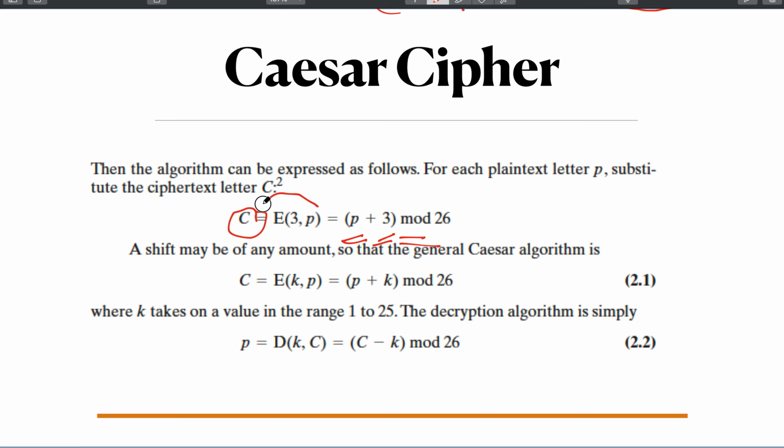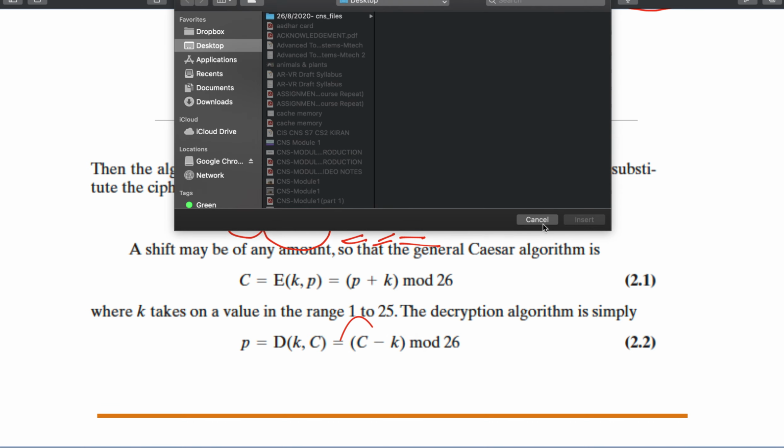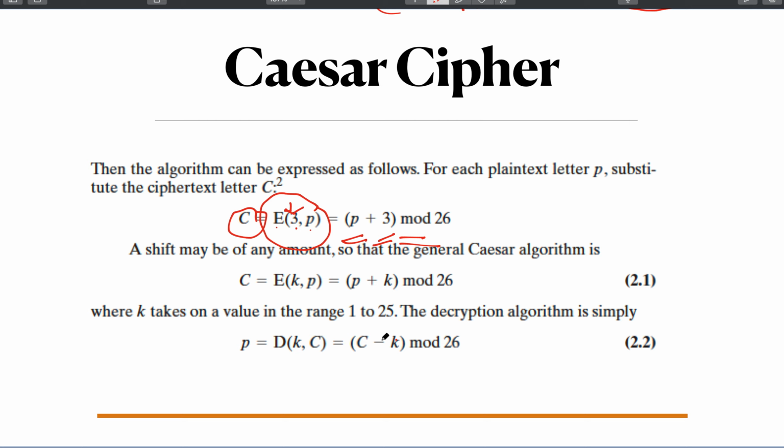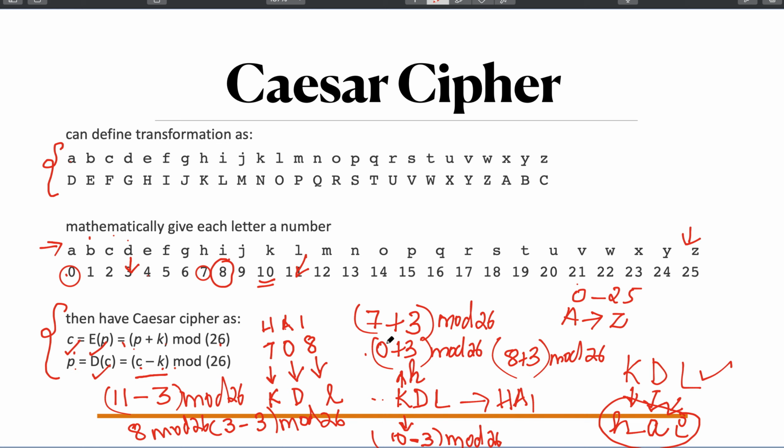This is the representation E comma K comma P, where K is this 3. So this is P plus K mod 26, and for decryption it is C minus K mod 26. So this is all about the classic substitution cipher, the Caesar cipher. Hope it's clear for you. Thank you.